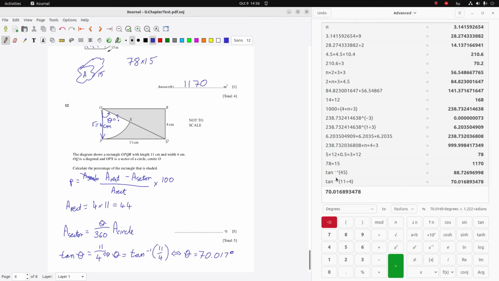Okay, now that we know the angle, we can fill this out. We can get the area of the sector.